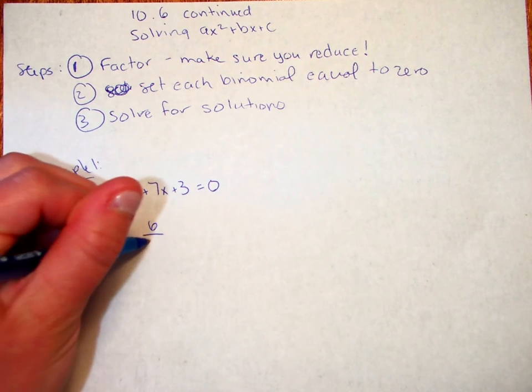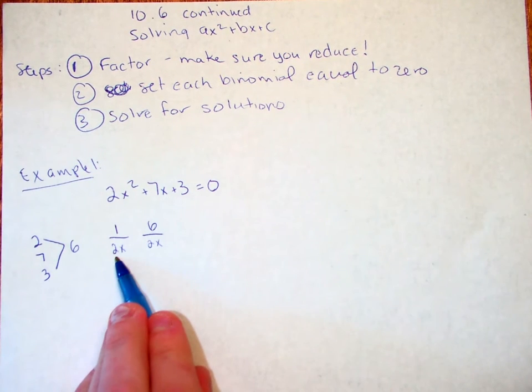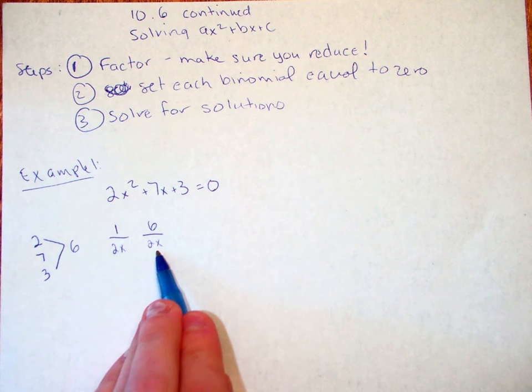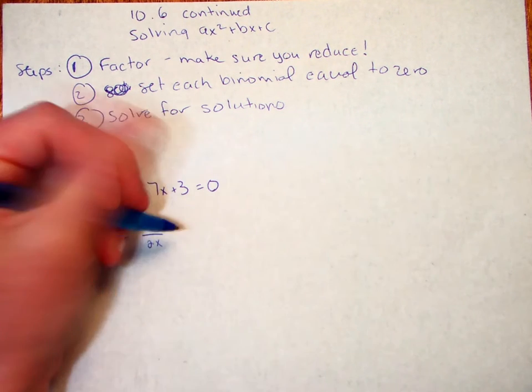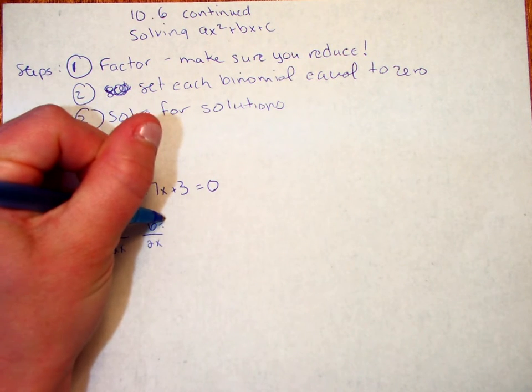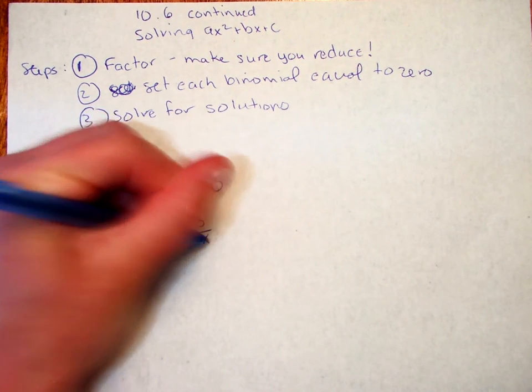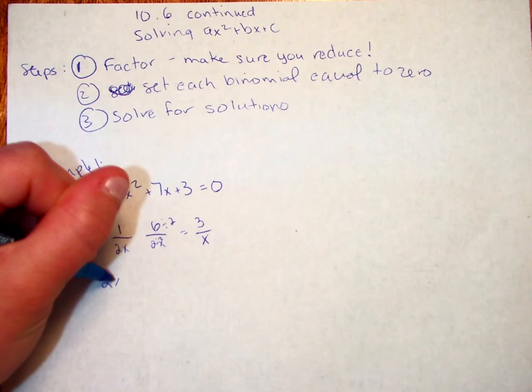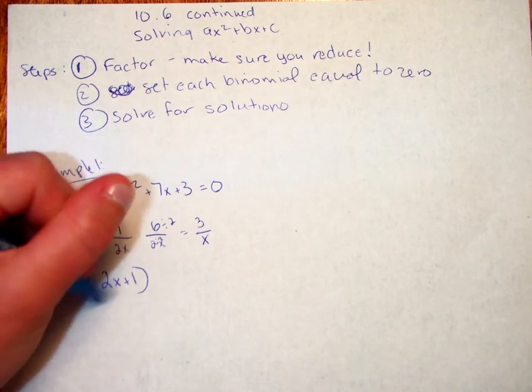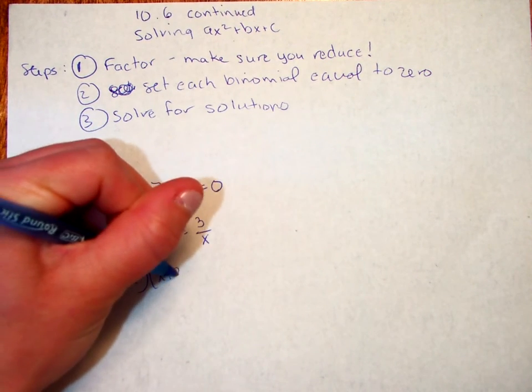Put over 2x. This first one does not need to reduce. The second one does need to reduce. So I divide by 2, and I get 3 over x. Therefore, my binomials are 2x plus 1 and x plus 3.